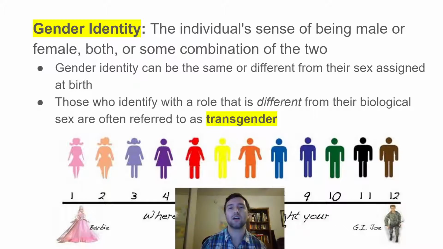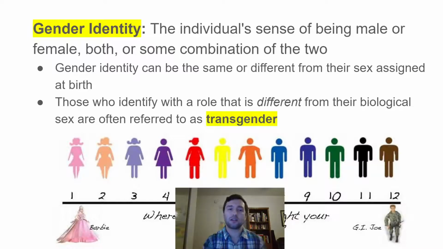But it's this idea of not just that you have a biological sex that you're born with, you have a gender that you're given as you grow up or expectations that you're held to, but then you also have a gender identity, which is really more about you and where you feel like you fit.